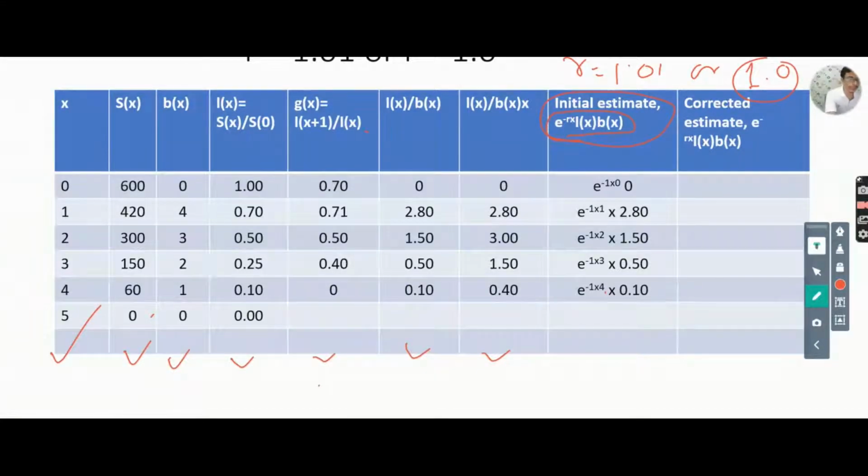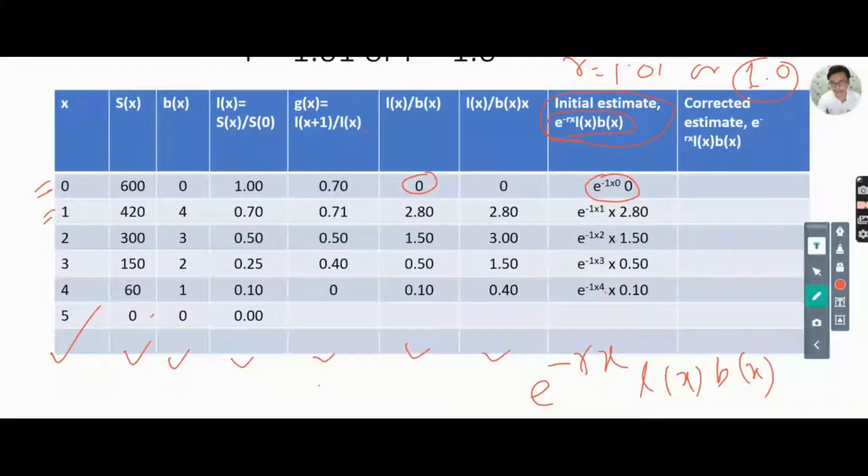So here you can see x is this one, 0. This is x 0. So in this particular expression, e to the power minus rx, this particular part, lx bx, obviously lx bx is this one. So this is lx bx.